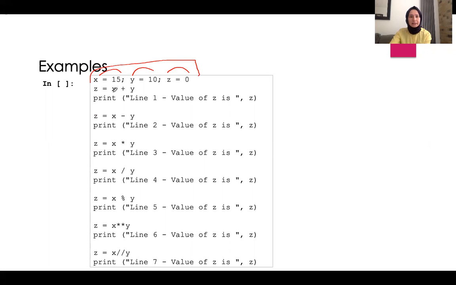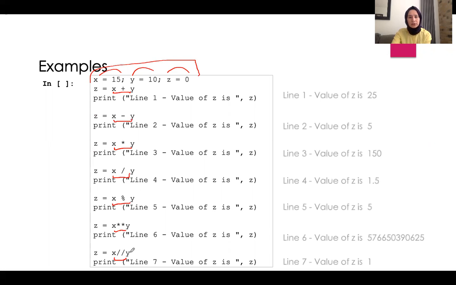And we have the addition, subtraction, multiplication, division, then a modulus, exponentiation, and finally a floor division example here. When you run this piece of code, those are the results that you are going to get, and you can try this on your computer as well.